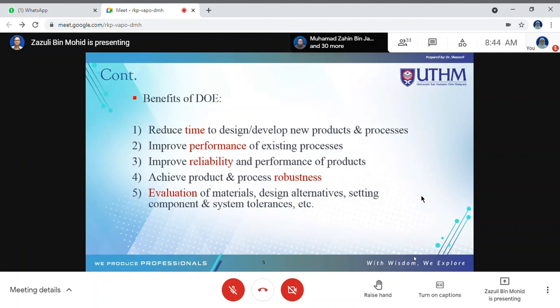Second, improve performance of existing processes, and also improve the reliability and performance of products, and maybe improve product and process from the point of robustness, and at least we can evaluate material design alternatives, setting component and tolerance.